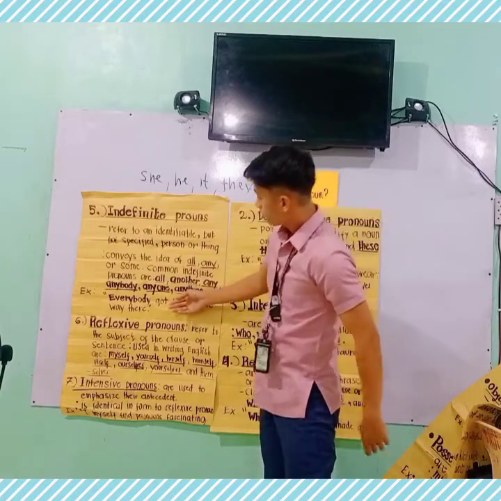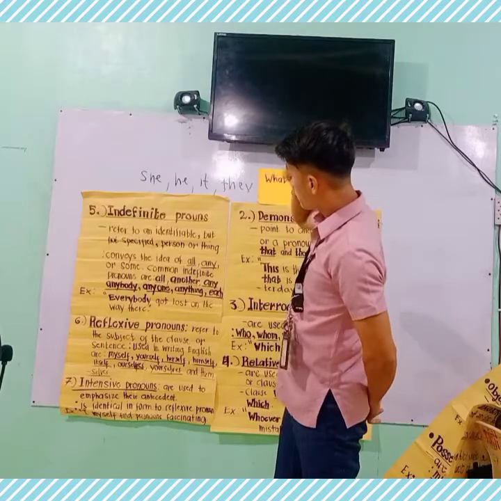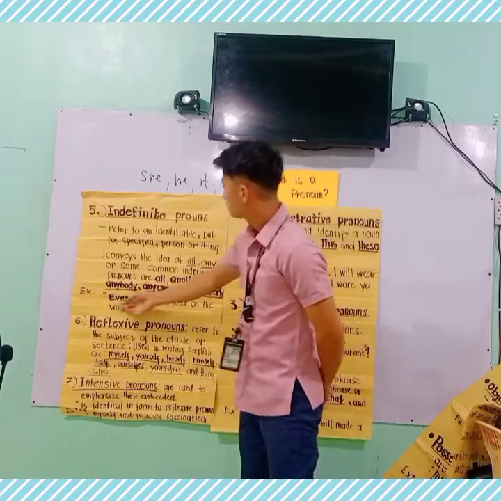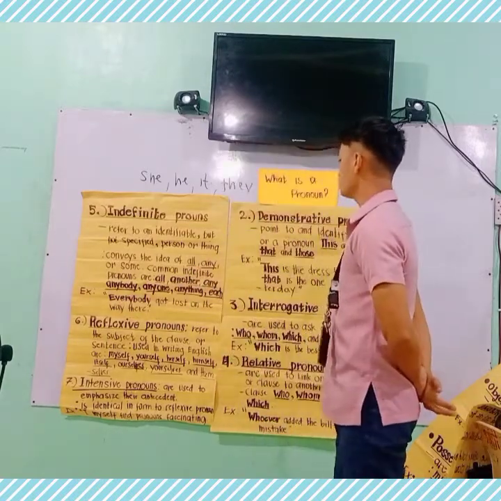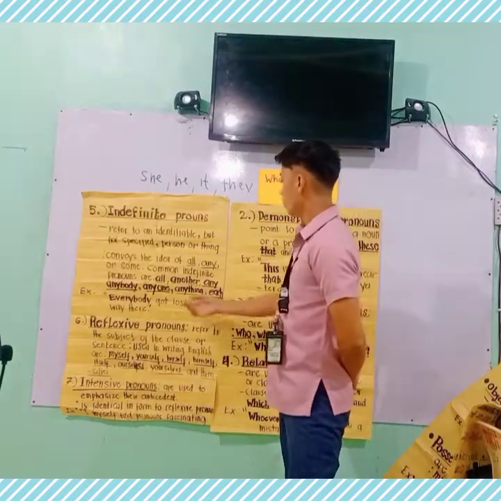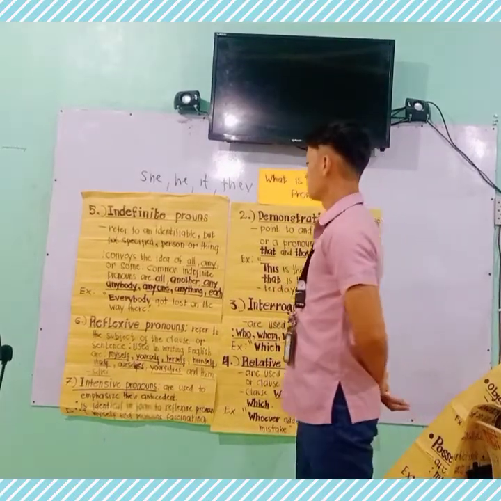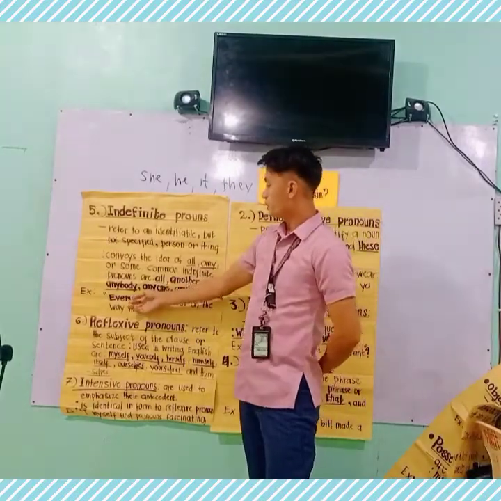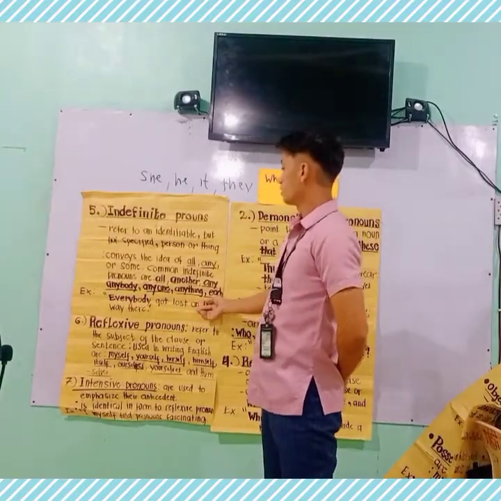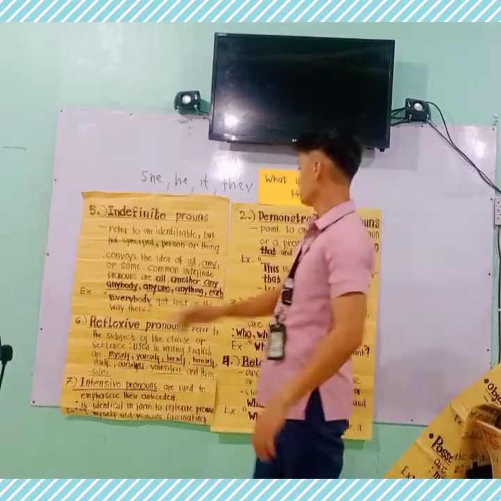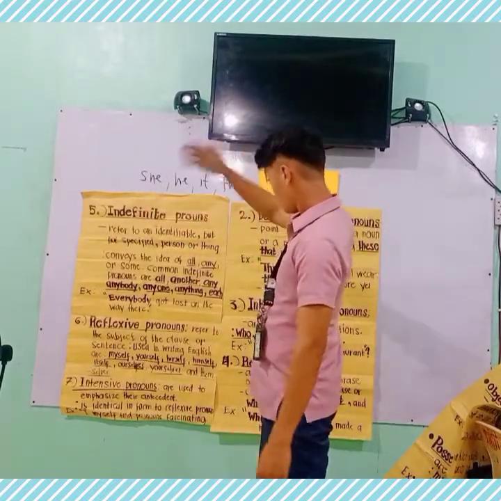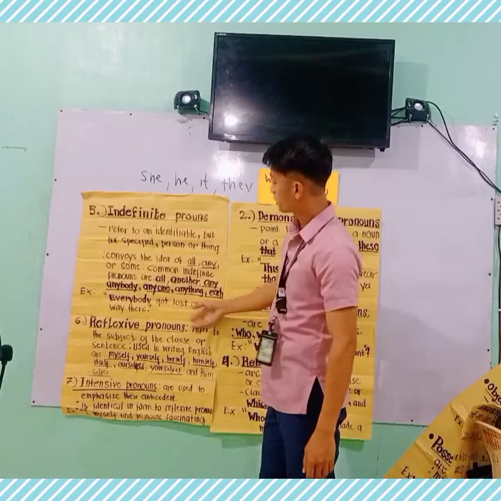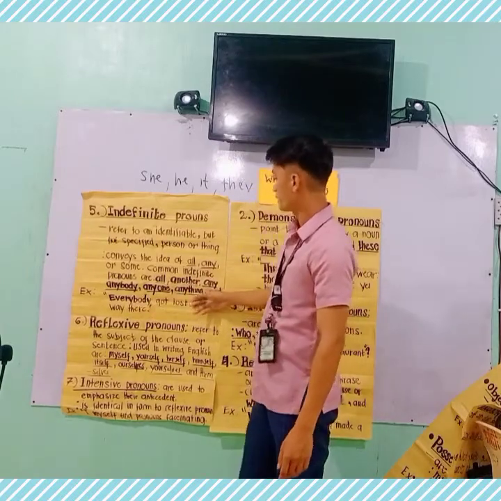So here's an example of an indefinite pronoun. Everybody got lost on the way there. Okay, which is the indefinite pronoun here? Okay, very good. So class, the indefinite pronoun here is everybody.